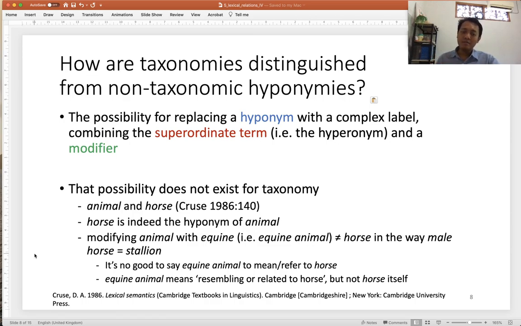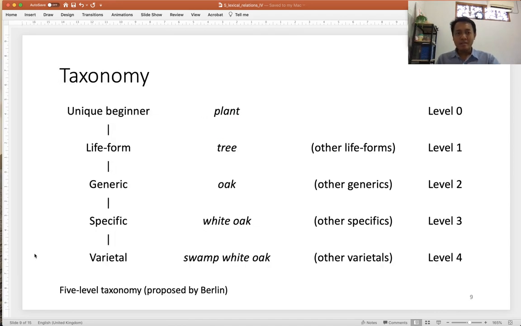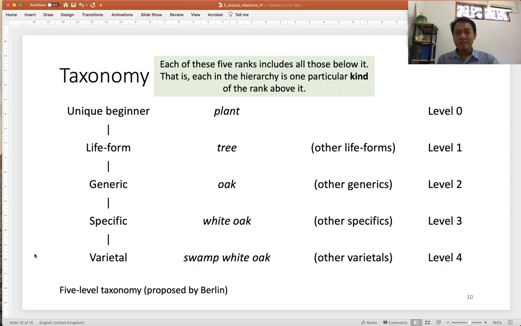The taxonomy that is meant here is the idea of natural kinds. Here is the diagram for a 5-level taxonomy. In this diagram, we have 5 ranks, 1, 2, 3, 4, 5. Each of these ranks includes everything below it.